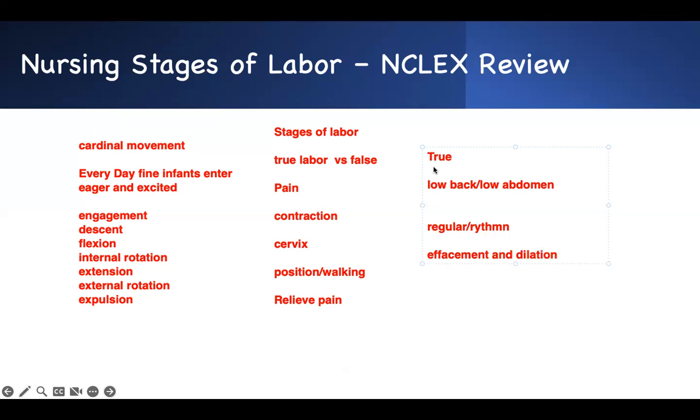That means the cervix has to be thin, and the birth canal has to be longer, right? And wider, basically, dilation. If you start walking, your pain gets worse. If you change position, it gets worse. That means you are in true labor.